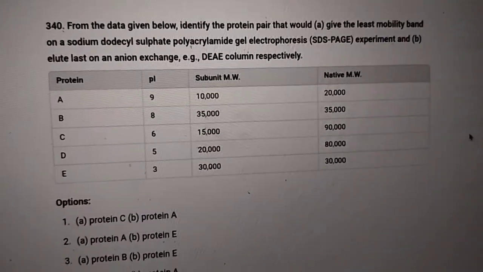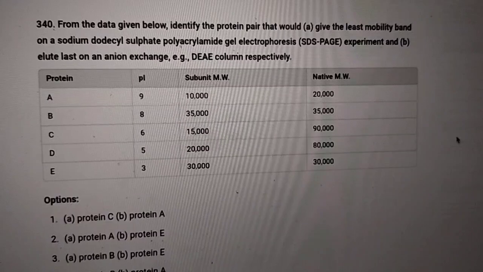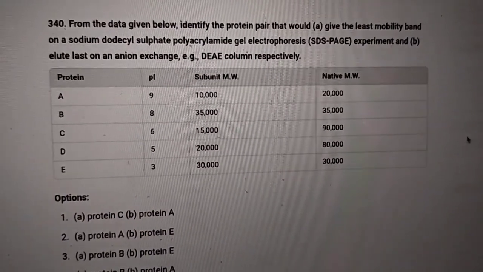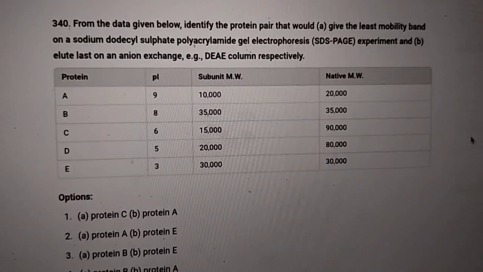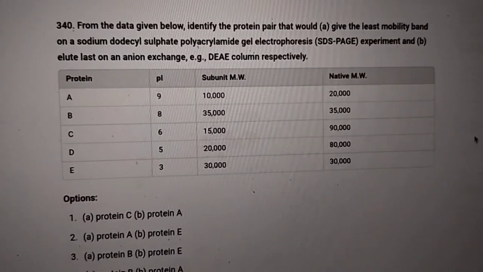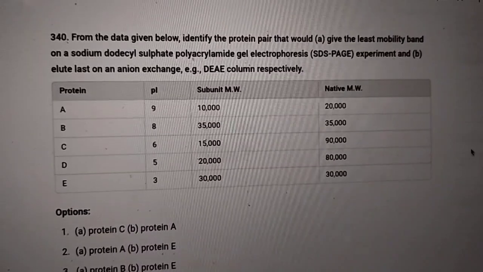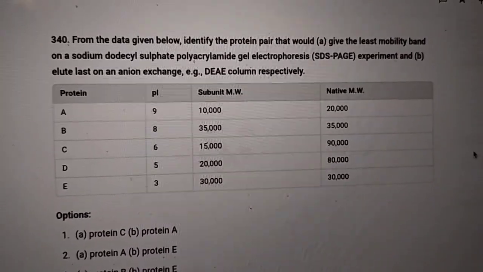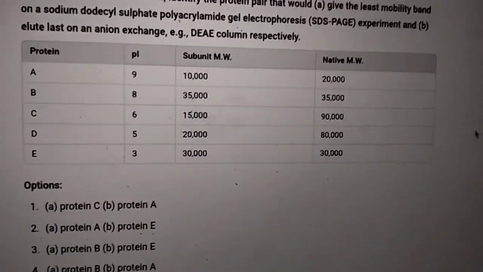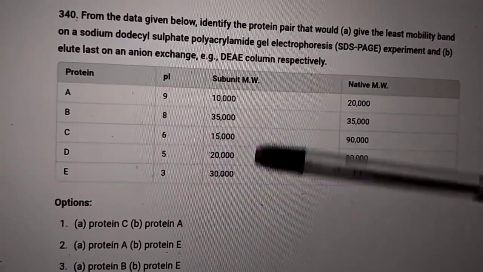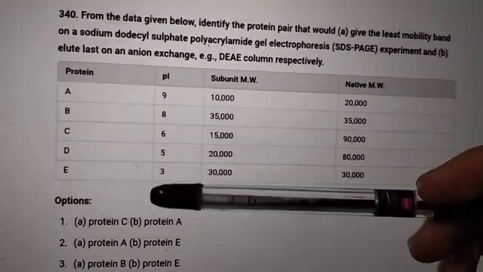Here it says, from the data given below, identify the protein pair that would A, give the least mobility band on a sodium dodecyl sulfate polyacrylamide gel electrophoresis experiment, and B, elute last on an anion exchange, for example DEAE column, respectively. So here basically what they have given us is the molecular weight of the protein, and the pI of the protein.